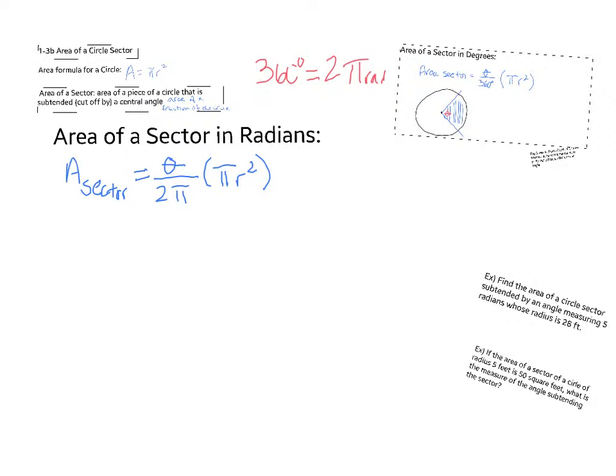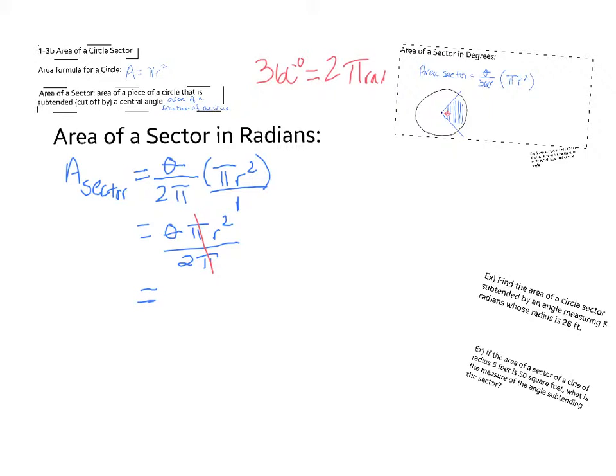And then again, just like with the arc length piece, if I think about multiplying these together, making that second guy into a fraction, I now see that the fraction that I have is theta pi r squared over 2 pi. Within that fraction, I have a pi in the top and bottom, so it will cancel. So just like with arc length, the area of a sector in radians, the formula also simplifies.